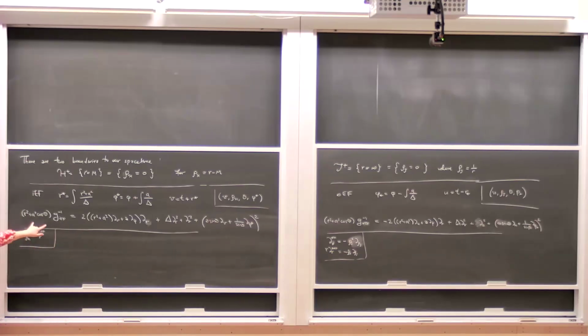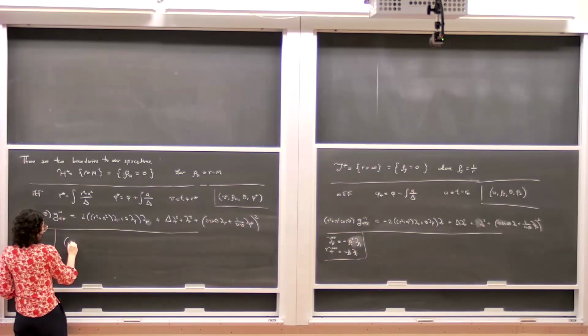And so then we can use this to write my wave operator. Again, the wave operator will look very similar. To write down the wave operator, you use the inverse metric. So let's try to write it.